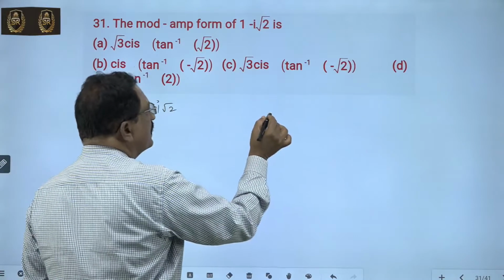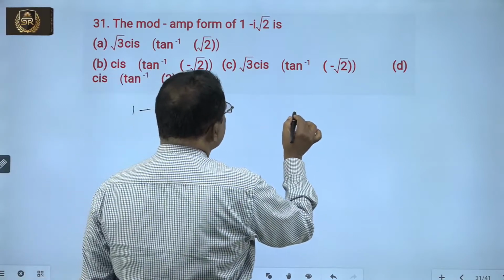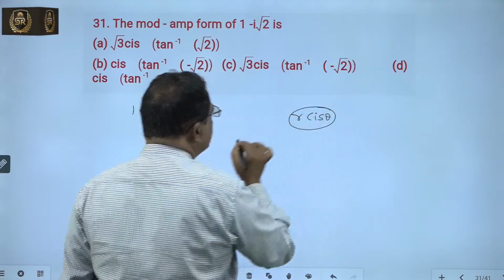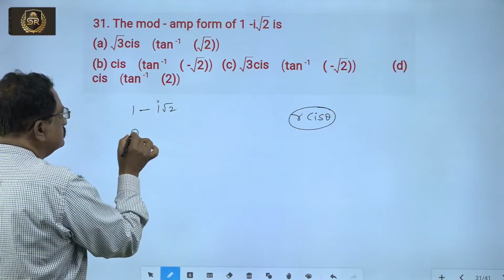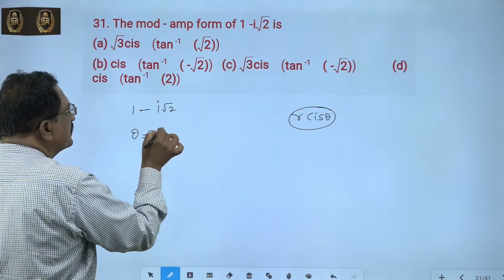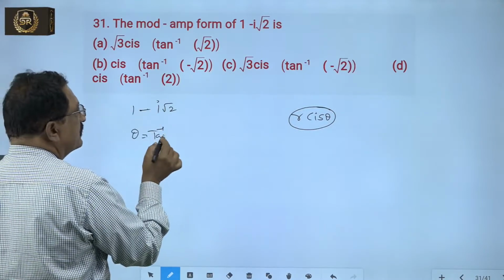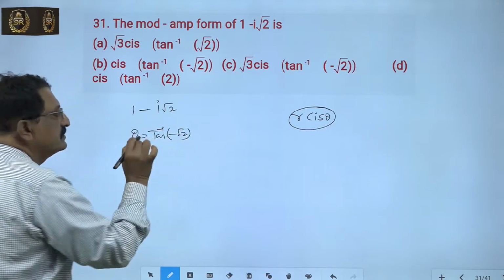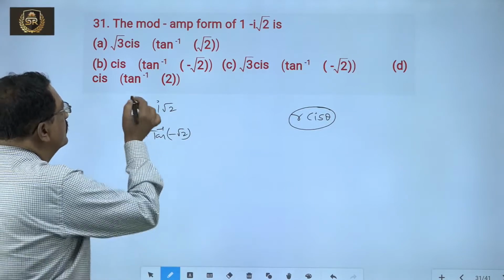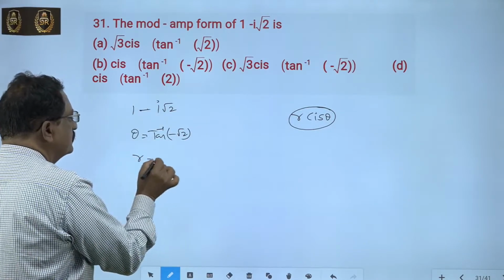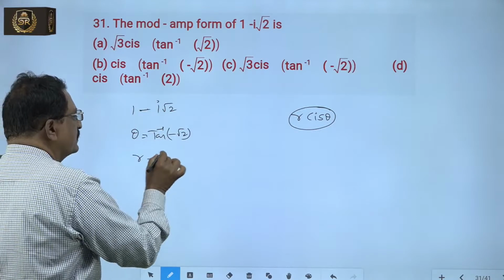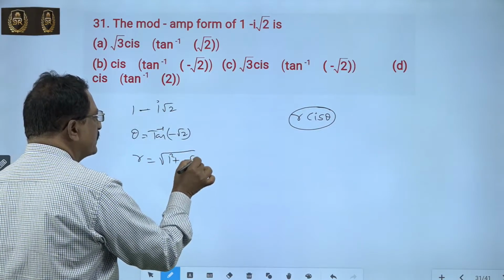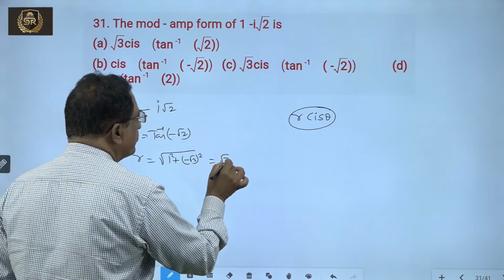Now the mod amplitude form of the complex number equals R into cis theta, where theta equals tan inverse y by x, that equals tan inverse minus root 2. Now R equals the mod of the complex number, square root of 1 square plus minus root 2 whole square, that equals root 3.